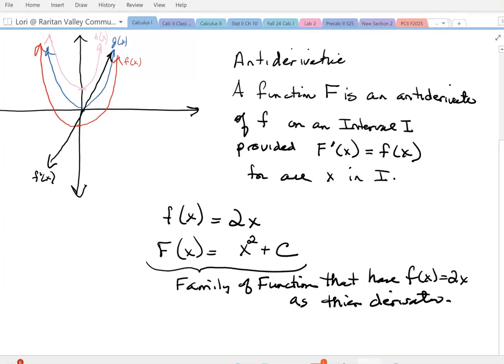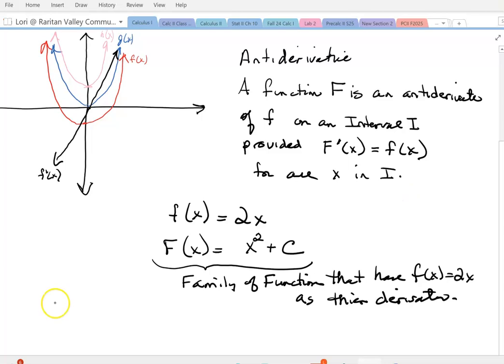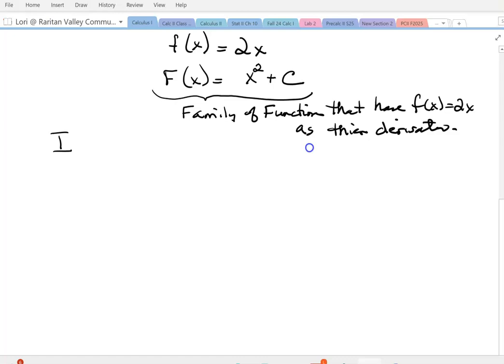Now, another notation we'll use for this family of functions is the indefinite integral.